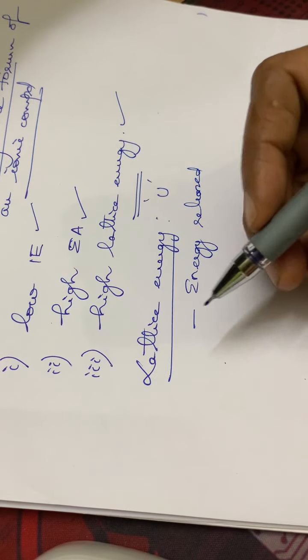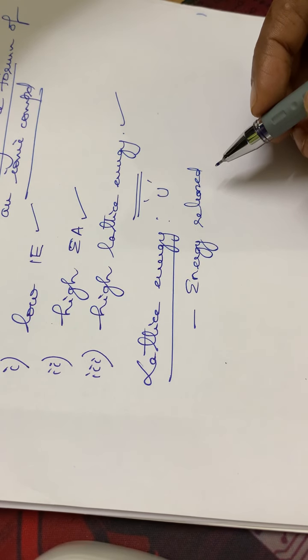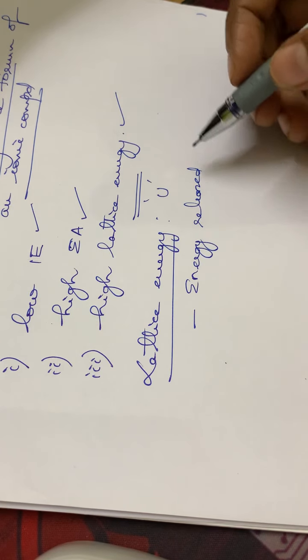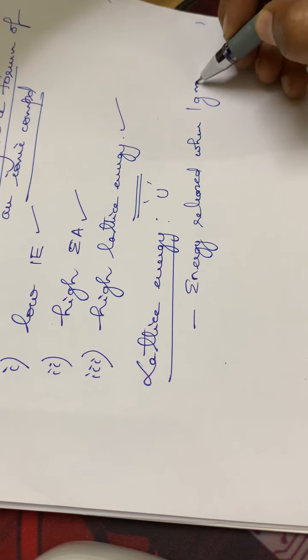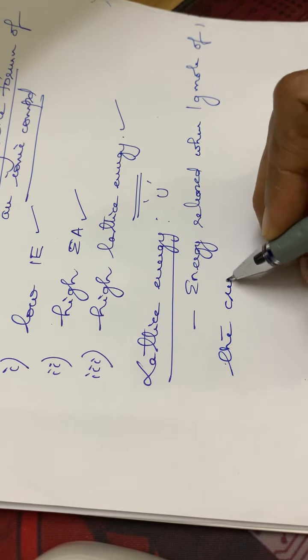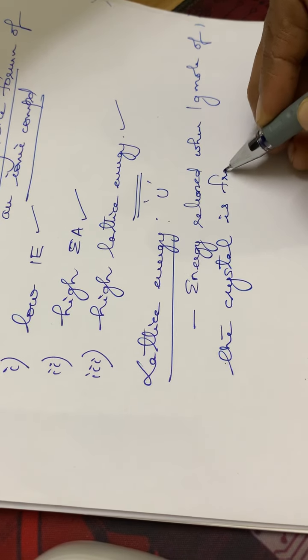It is the energy released during the formation of an ionic compound, isn't it? So here you can define this lattice energy as the amount of energy released when 1 gram mole of the crystal is formed from its gaseous ions.